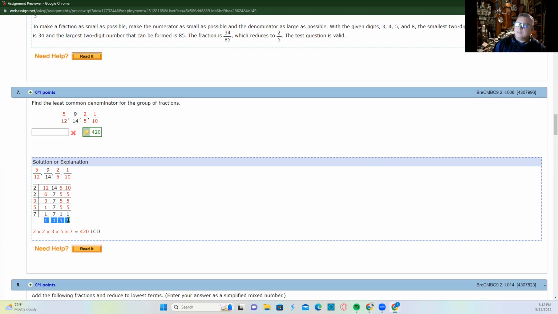Now, once we get all these 1s in a row, we multiply all these prime numbers together to get our least common denominator. So it becomes 2 times 2 times 3 times 5 times 7. And then they get 420 on this one for our least common denominator.